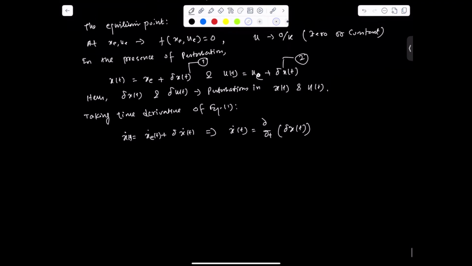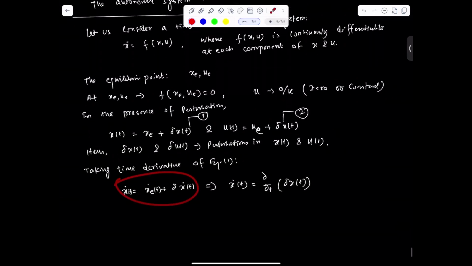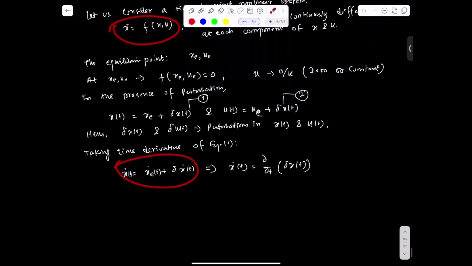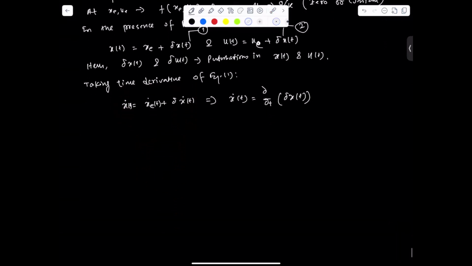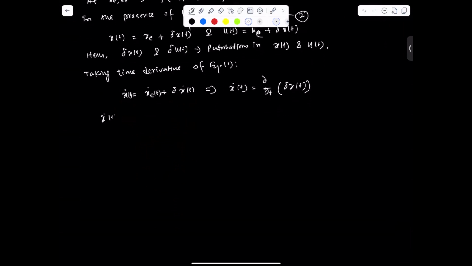Now if you substitute this expression in our nonlinear system x dot equal to f, we can write x dot of t equal to x_e dot plus delta x dot of t equal to f of x_e plus delta x and u naught plus delta u of t.